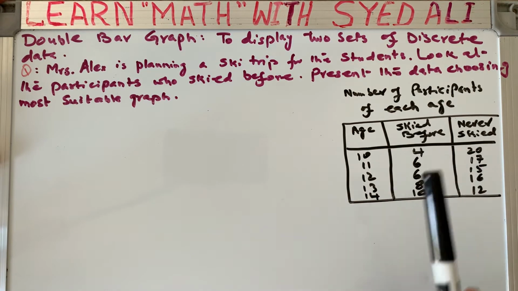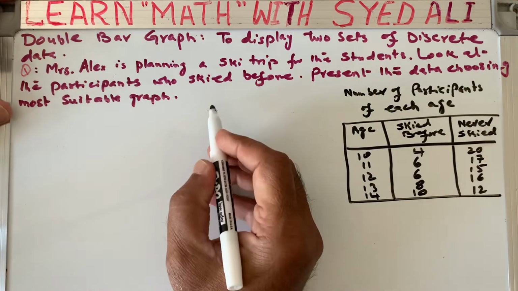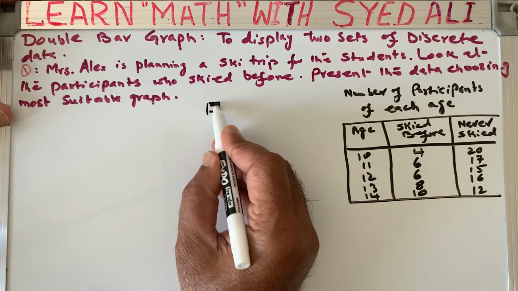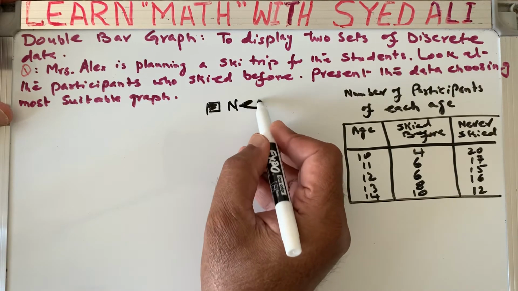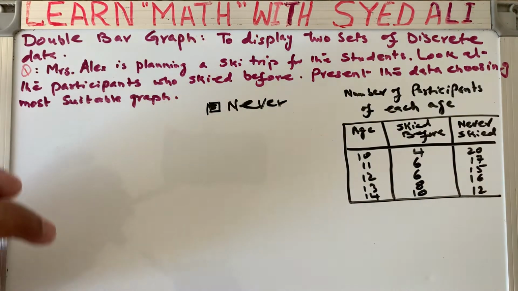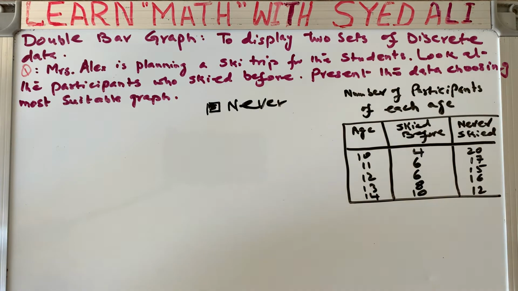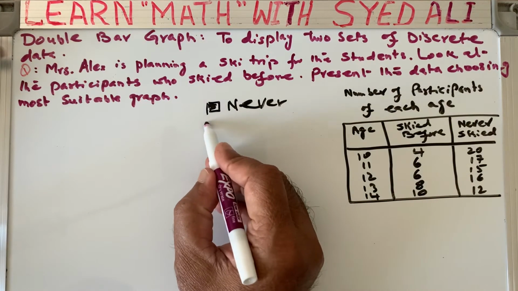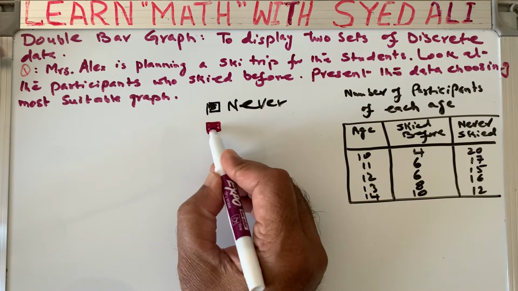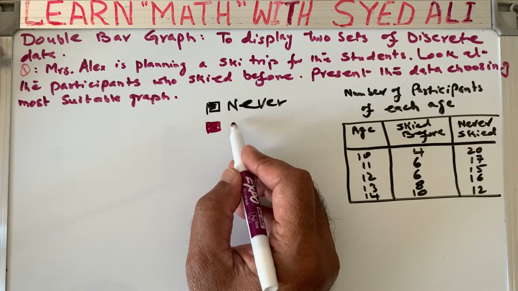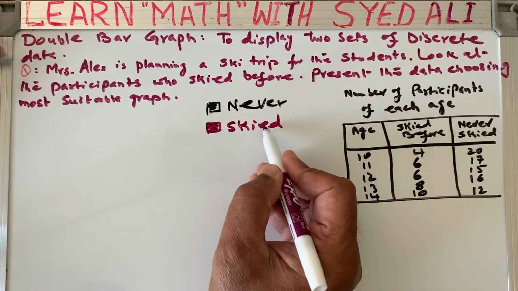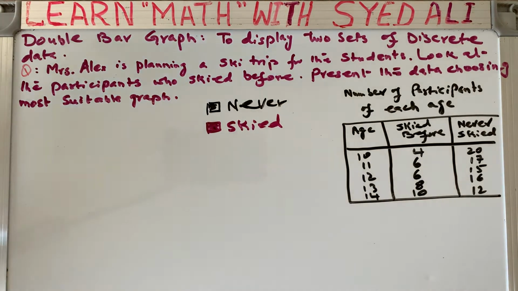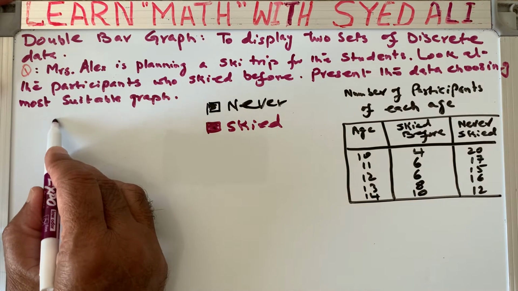So that means if we choose one color for the bar graph, like something for never skied, and another color for skied before, we can show one thing on the x-axis and another thing on the y-axis.